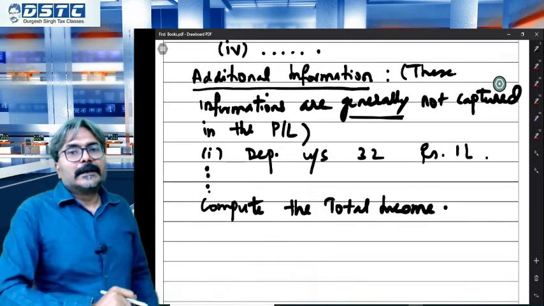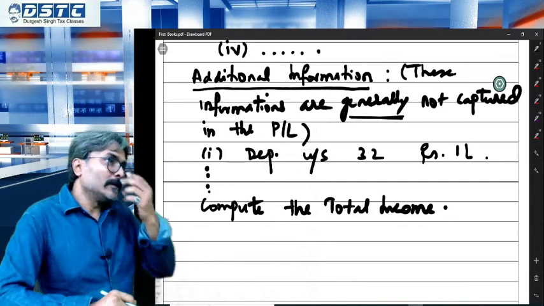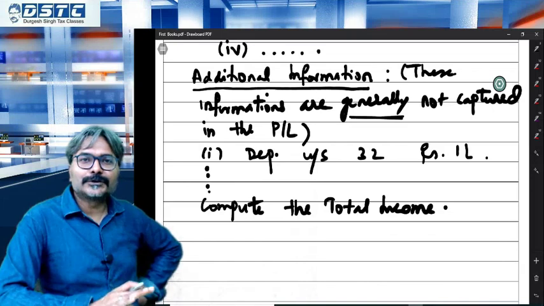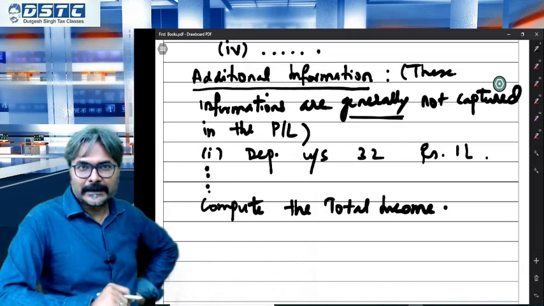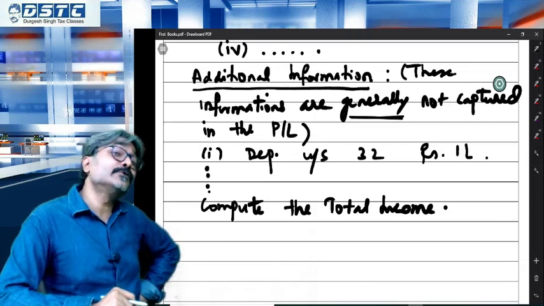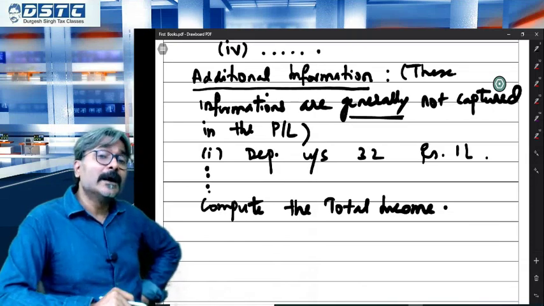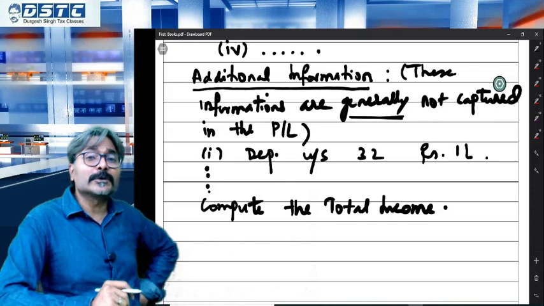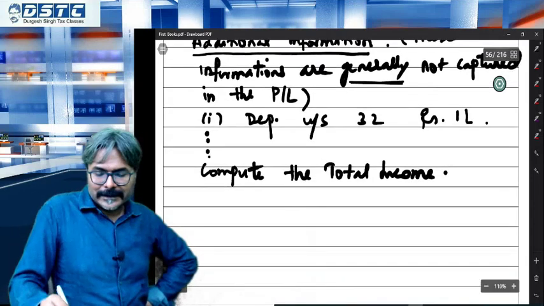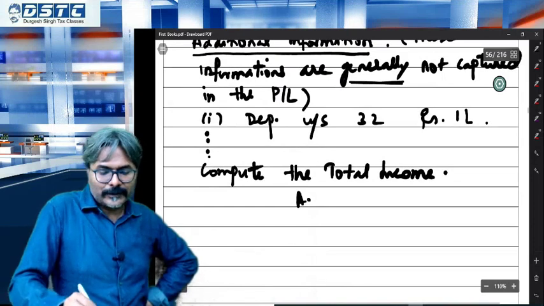So students, this is how you're going to get your question on total income. Now you tell me, students, how you have proceeded while you started your computation of total income.